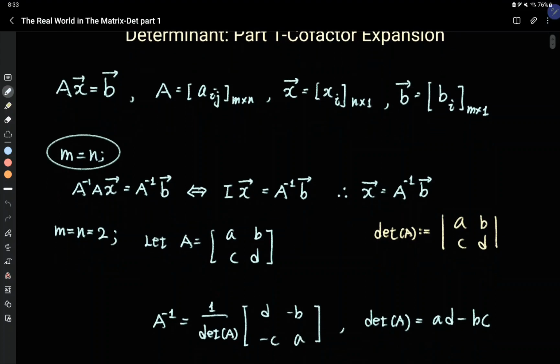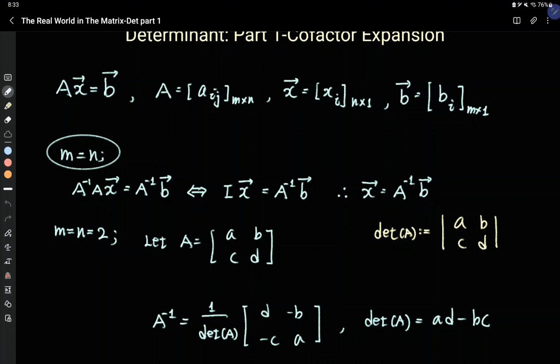Then we're going to assume that m is equal to n. So A is going to be a square matrix, and we assume that A has an inverse matrix. It means that A is invertible.